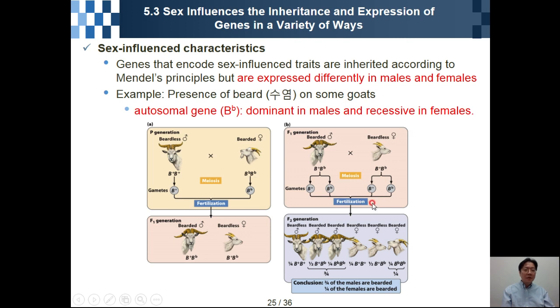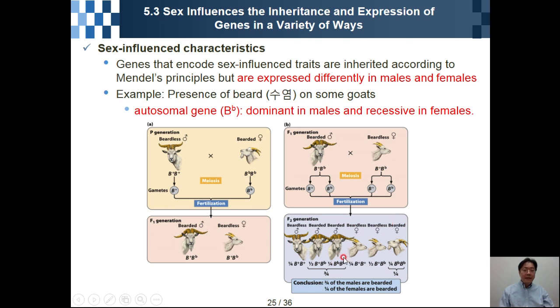After that we can do fertilization, intercrosses, so we can do a Punnett square, but we have to divide the cases into female and male.